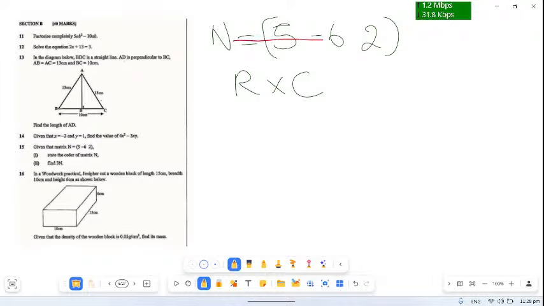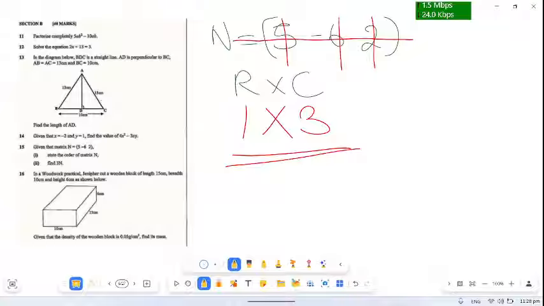When we're counting the rows, we count like this. So there is only one row, so here we could put 1. Then columns, when we're counting columns, we go vertically. So there are 3 there. So this is the order of this matrix, basically that is 1 by 3.